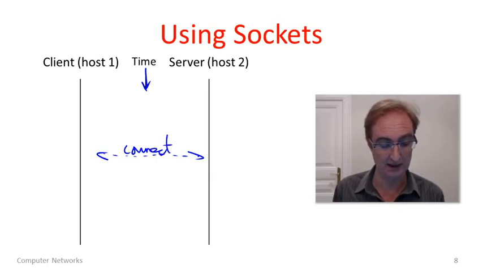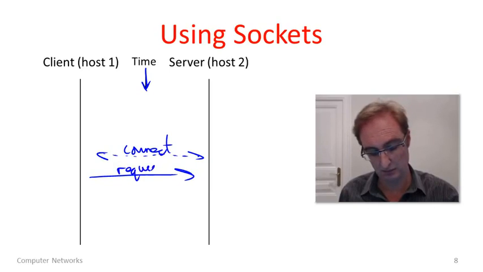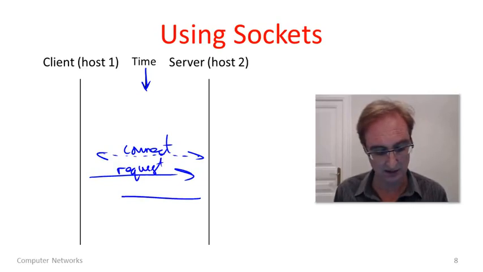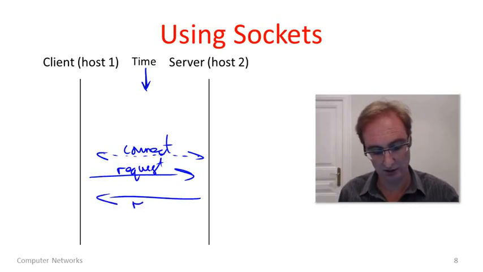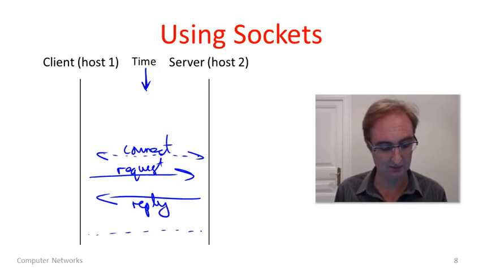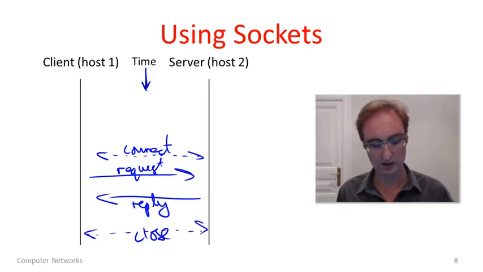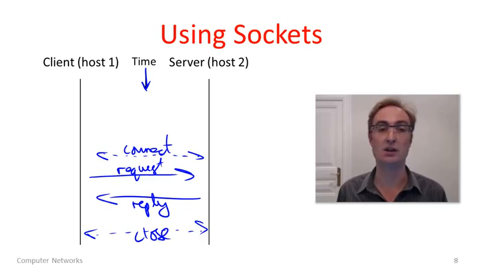And then the client is going to be able to send a request. And we want the server to respond with a reply. And after all of that, much later on, we can close the connection. Both sides can close the connection and we're done.